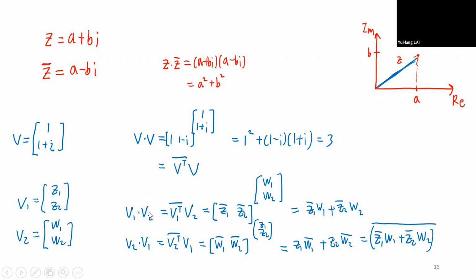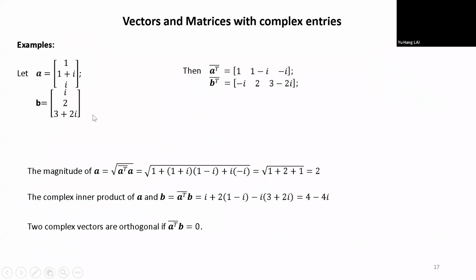That is, V1 dot V2 equals the complex conjugate of V2 dot V1. I just give you more examples so you can verify these results by yourself.